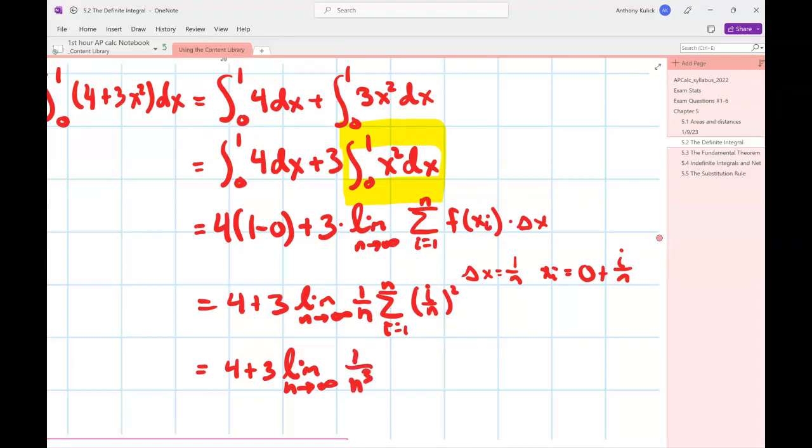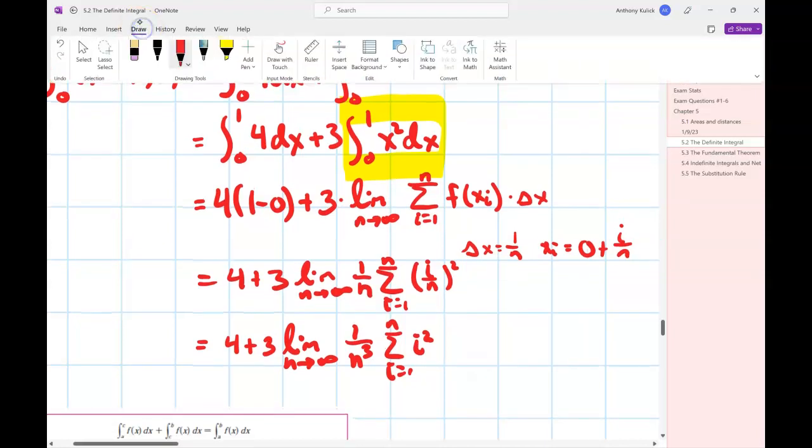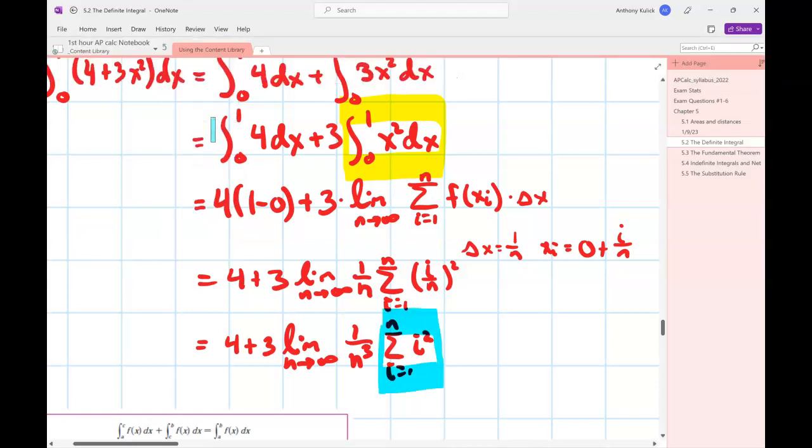So the n's I'm going to pull out. And this piece, I have a summation formula for.